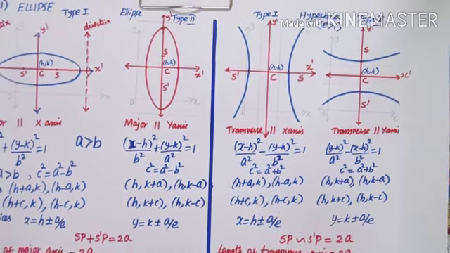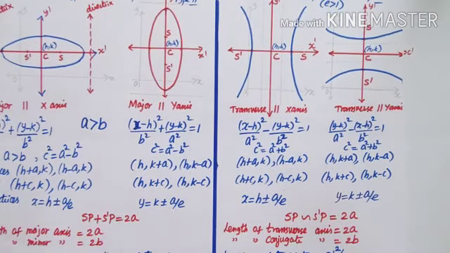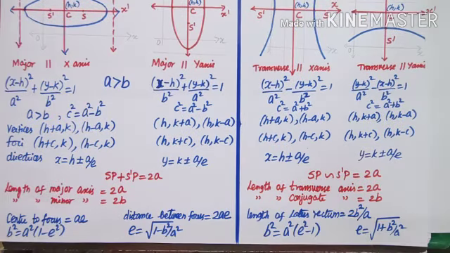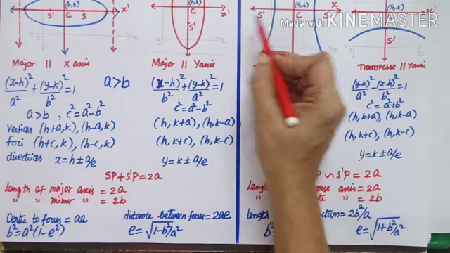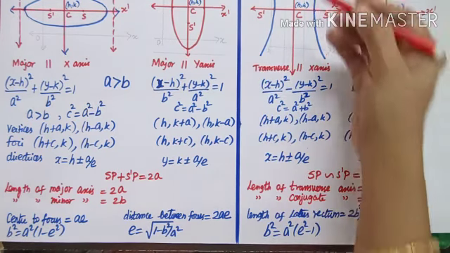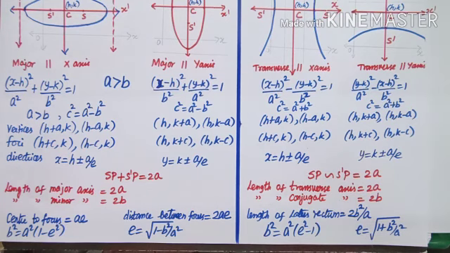And the most important idea that we say here, SP plus S dash P is 2A, and in hyperbola, the difference of SP and S dash P is equal to 2A. Here major axis length 2A, here transverse axis length 2A. Here minor axis length 2B, here conjugate axis length 2B. So the line that cuts we call transverse and the other line we call conjugate.